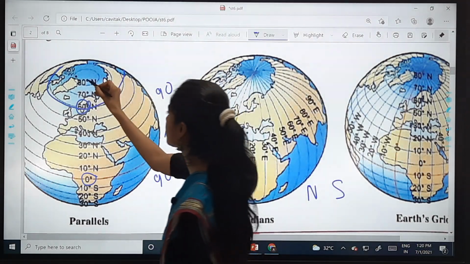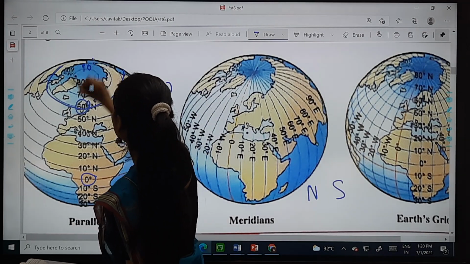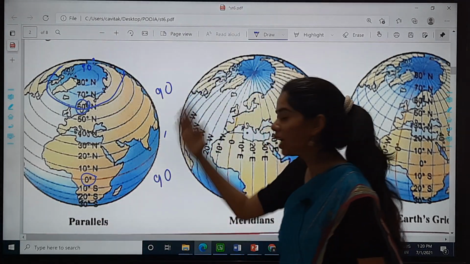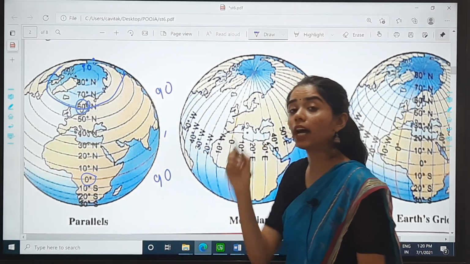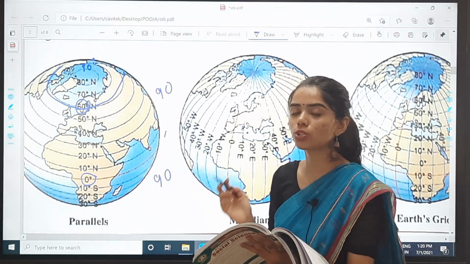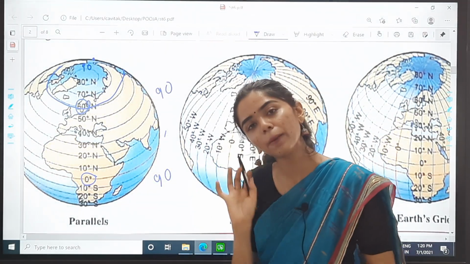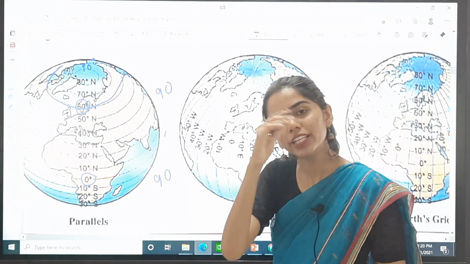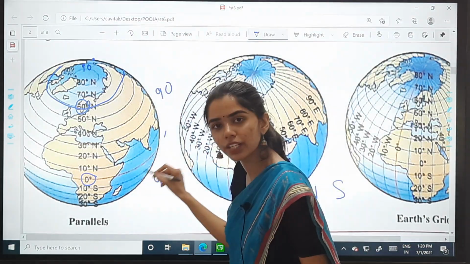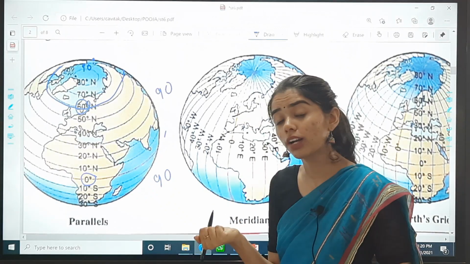So see, this is 80 degree and then 90 degree comes, and over here also, at the farthest distance in the south, 90 degree S will come. So these are the forms of imaginary points. All these parallels are basically imaginary only. These parallels are imaginary, but they are used to find out cities or countries.